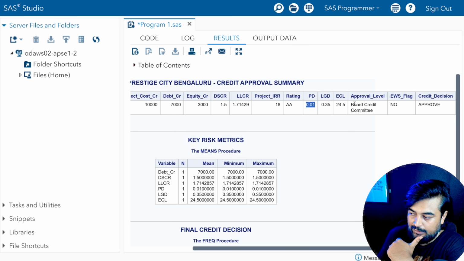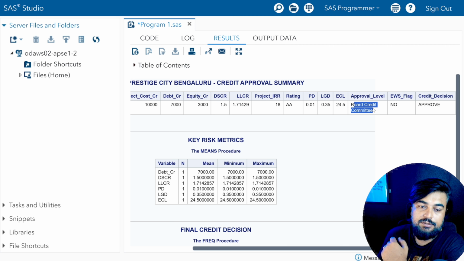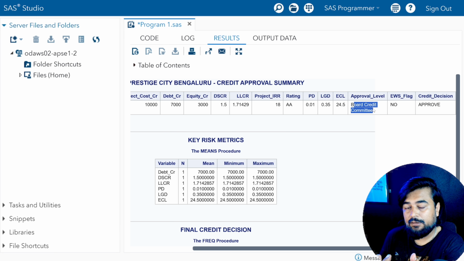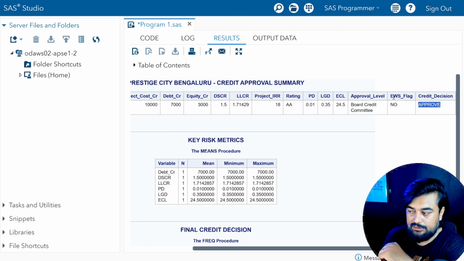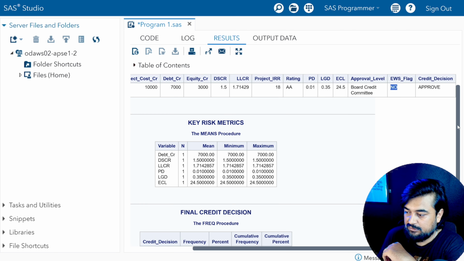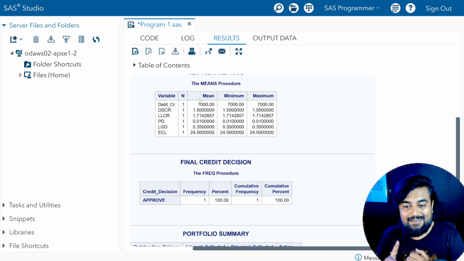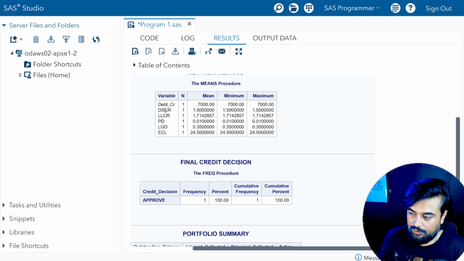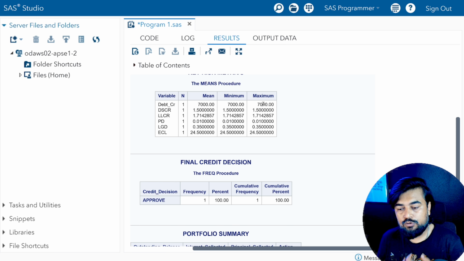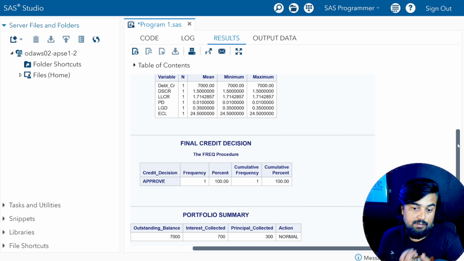And this is approved by the board credit committee, which is the higher authority, CXO level employees in the bank, the board of directors, all of them. Credit decision is approved. EWS flag: no early warning signal in this. The output of proc means shows all the statistical information. In the important variables, they are checking mean, minimum value and maximum value, so that you give a proper analysis and understand the minimum and maximum values across your important variables.